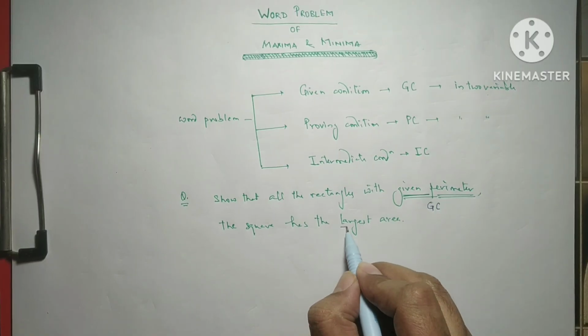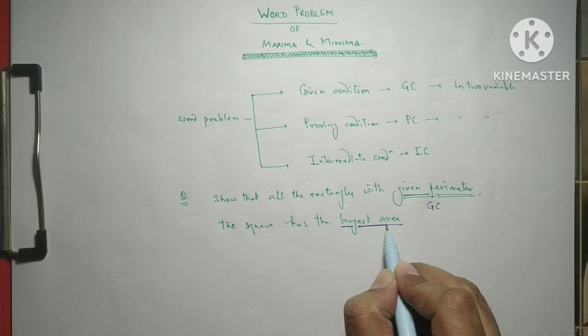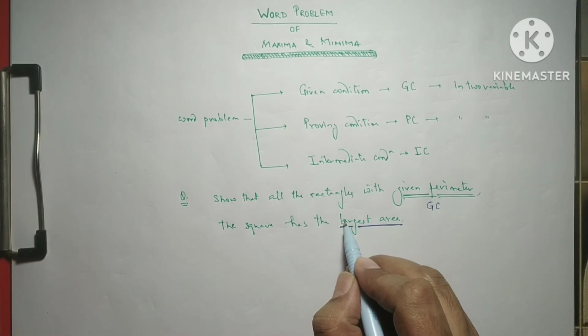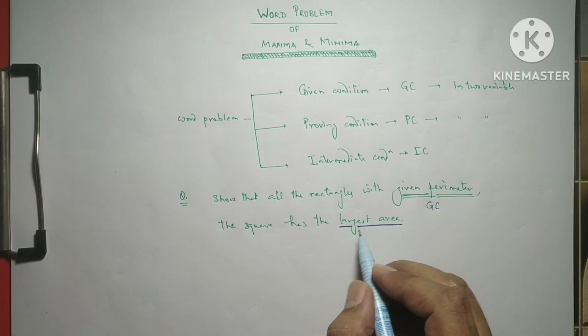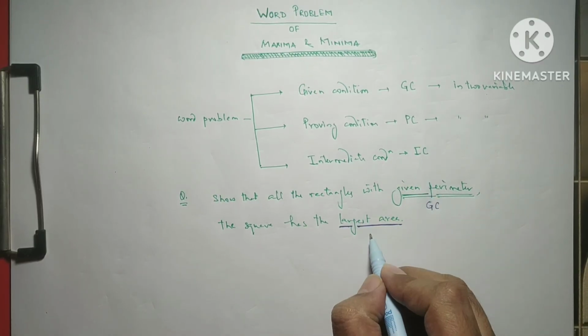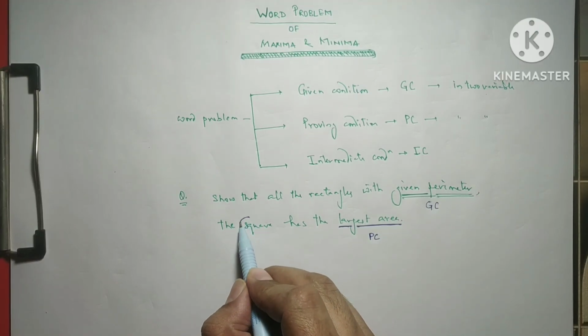and largest, the superlative term is attached with the proving condition. It should be largest, least, minimum, maximum. All these type of words are always with proving condition. So it is PC. And one more thing, it is a square.